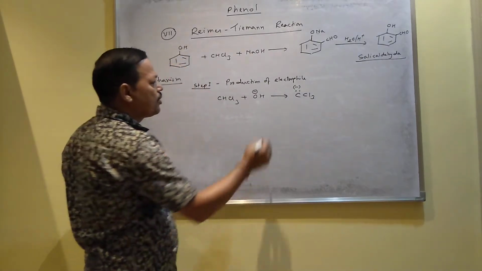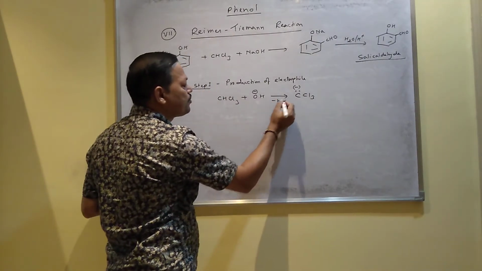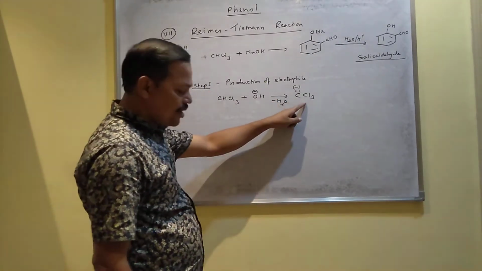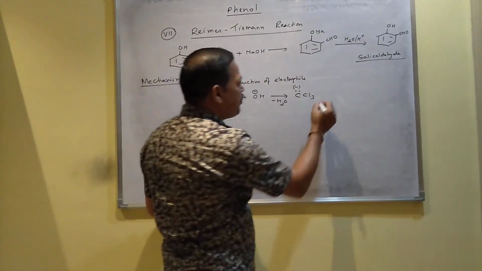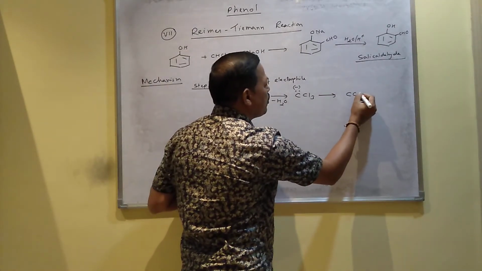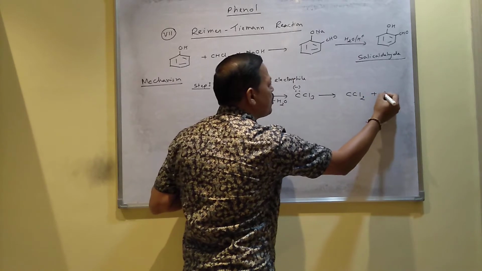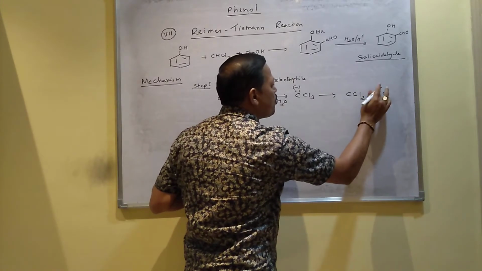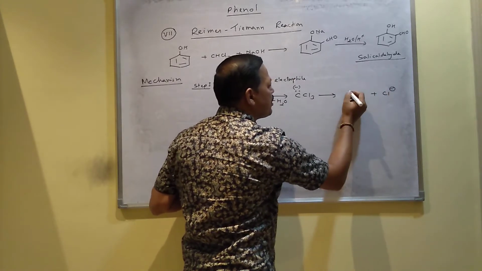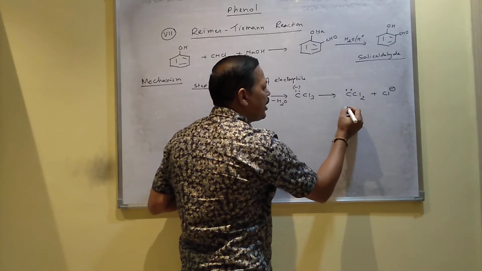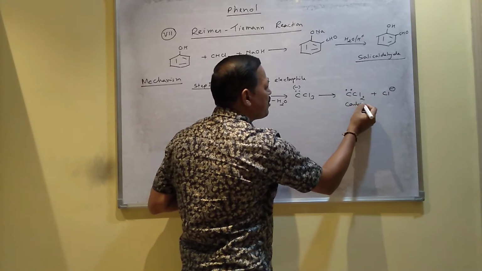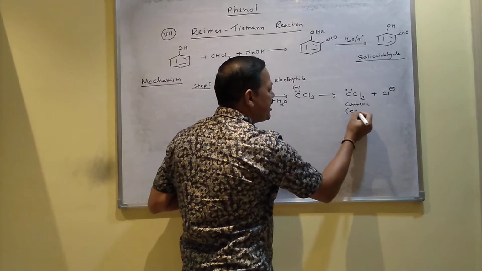Water is released from it. This is unstable, that is why it breaks again, and one chloride is released from it as Cl minus. The carbon contains one lone pair, and this is called carbene, and this will act as the electrophile.